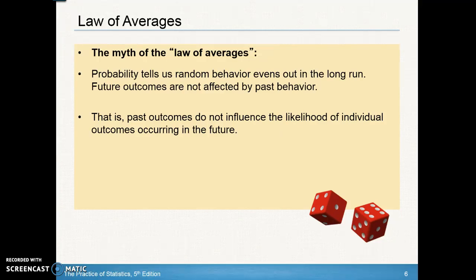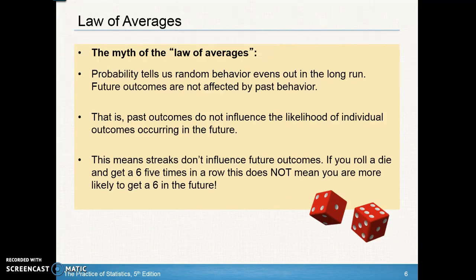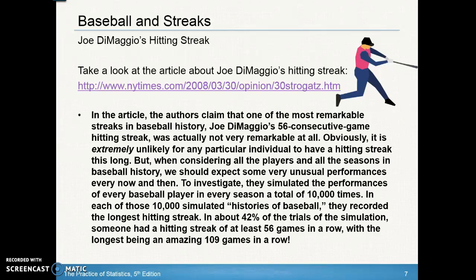You still have a 1/6 chance the next roll of getting a 6. Okay, so streaks, this is what I was talking about on the previous page, don't influence future outcomes. If you roll a die and get a 6 5 times in a row, it doesn't mean you're more likely to get a 6 in the future. It's still the same probability because it's talking about the probability in the long run of rolling a 6 when you roll a die.